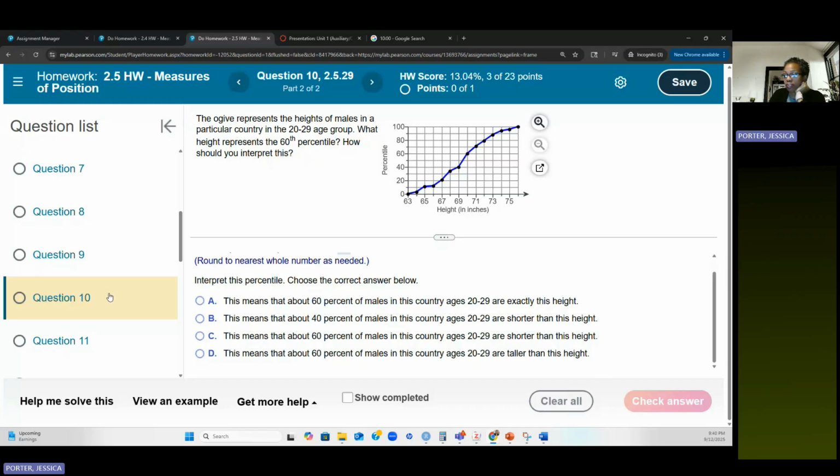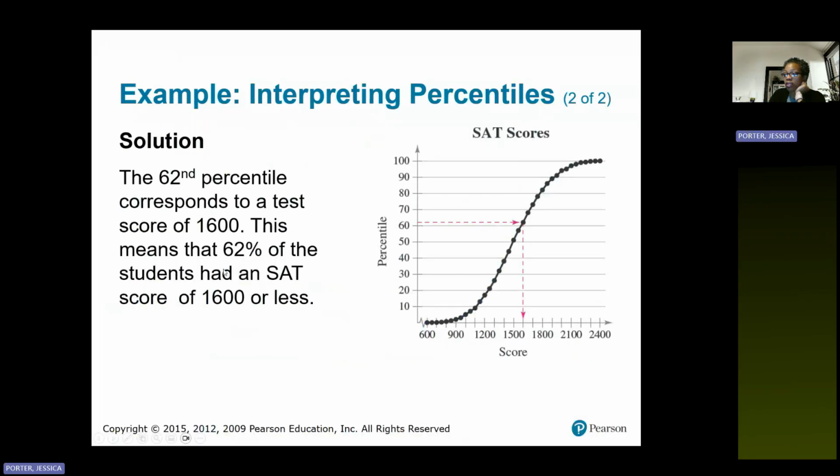A, B, C, or D. We can look back at the interpretation here. This means that 62% of the students had an SAT score of 1600 or less.